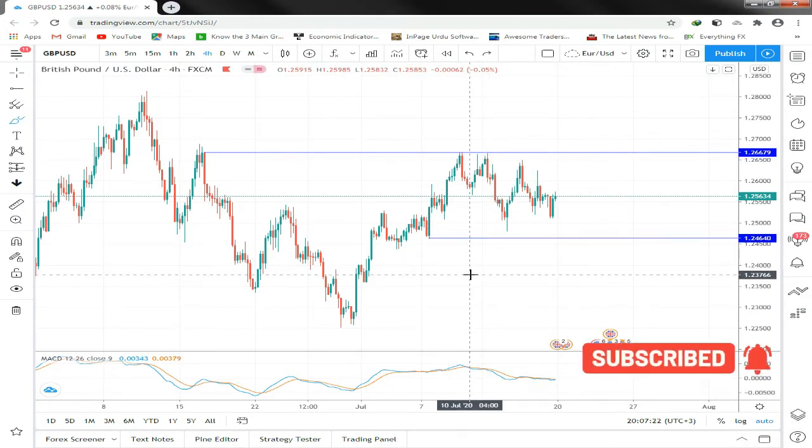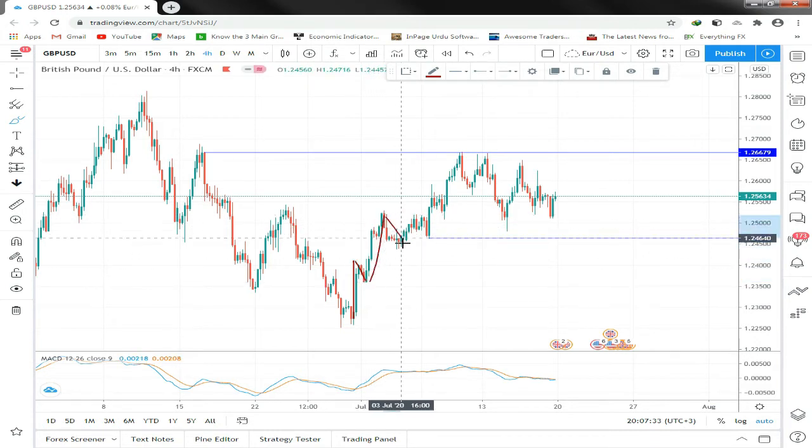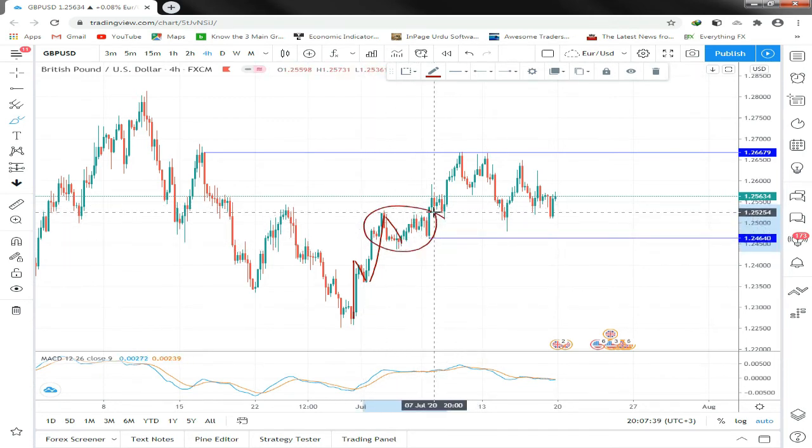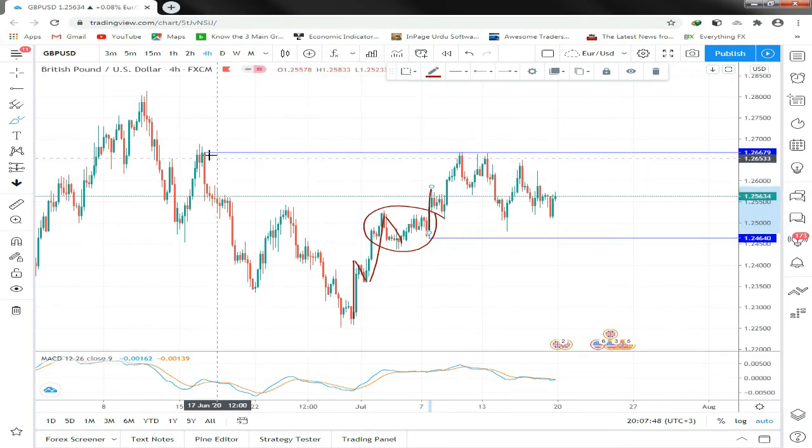Why am I looking at a short position over here? Because you see that price moved upwards and created some corrective structure over here, then moved upwards, then made a deeper corrective structure here, and I see some kind of struggle over this area to create another higher high. That's why I am looking for some short positions over this area.